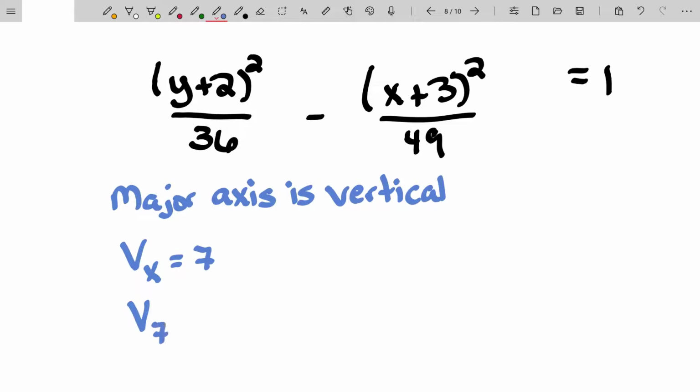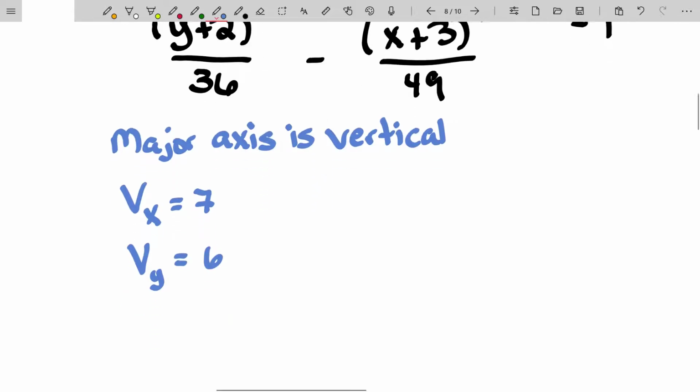V sub y, the square root of the denominator of the y term, is 6. Notice that unlike an ellipse, the larger denominator does not tell you what the major axis is. With an ellipse, the larger of the two denominators would tell you the major axis. But with a hyperbola, it's the denominator associated with the positive variable.